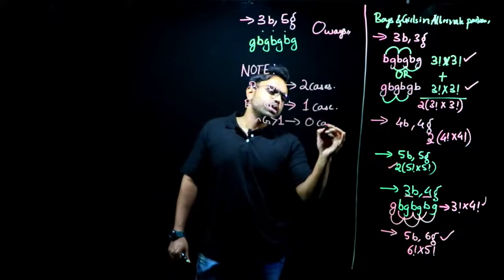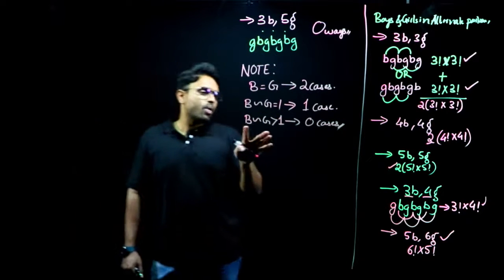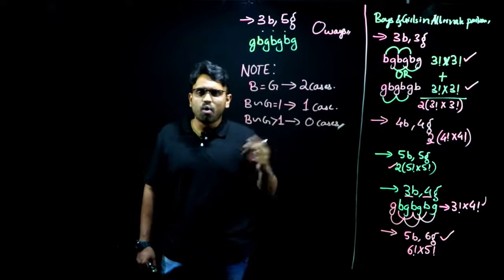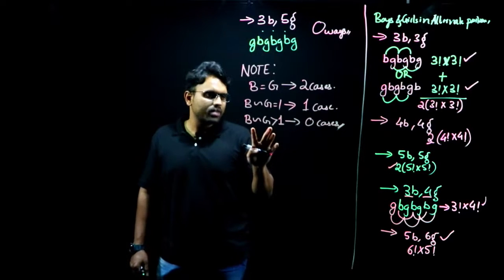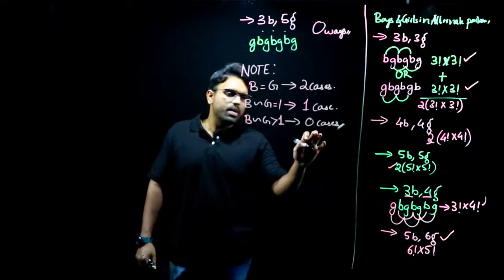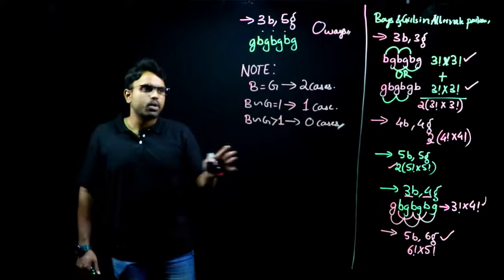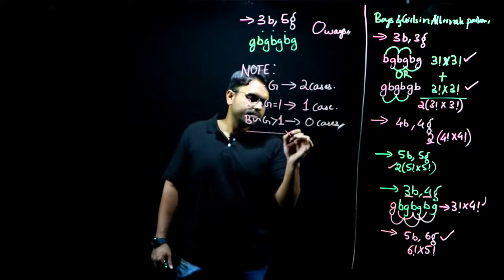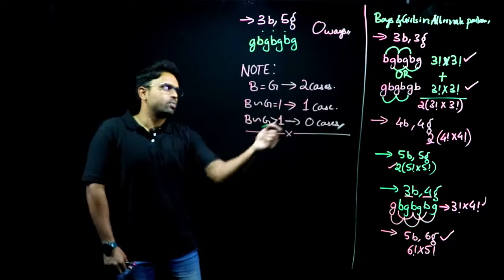You will have 0 cases. Whenever there is a difference of more than 1, in the alternate case, there will be 0 cases. Fine, everyone? Able to understand? Till here, anybody any doubt?